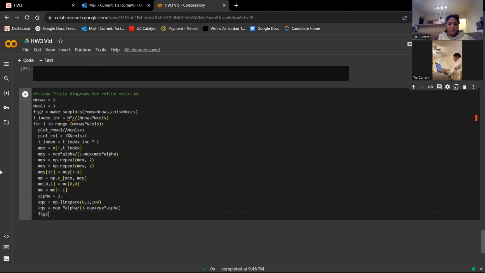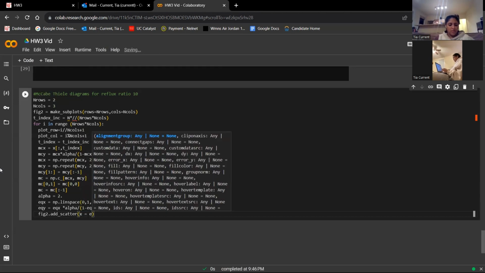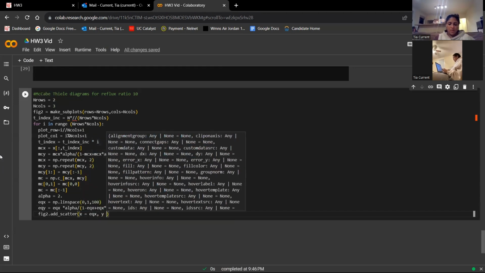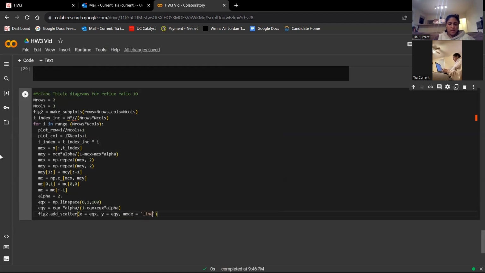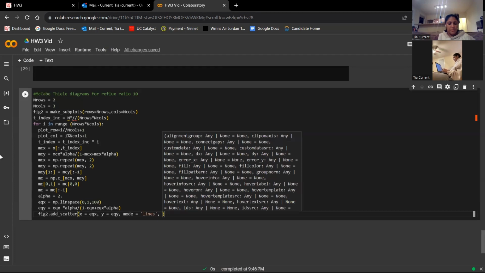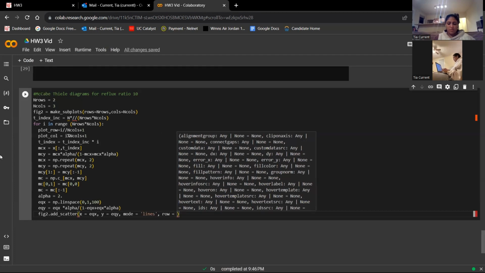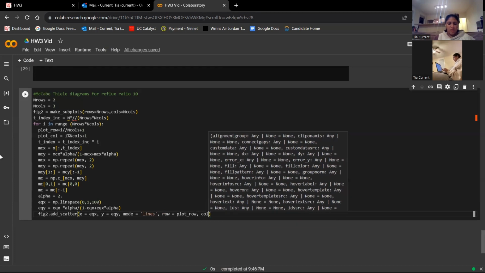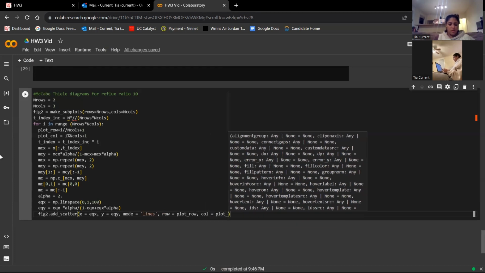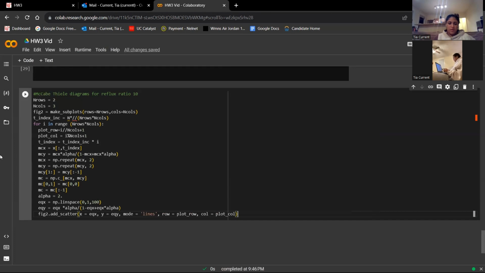Now let's take scatter, EQX. And then plot_row, and then all, all, and then enter.